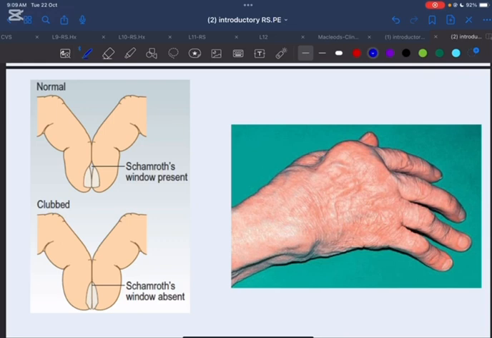And maybe he has something called boutonniere, like pressing a button, like pressing an elevator button, boutonniere, and swan neck, like the neck of a swan. Or boutonniere, when there is laxity in the metacarpal here. So this is a rheumatoid hand.